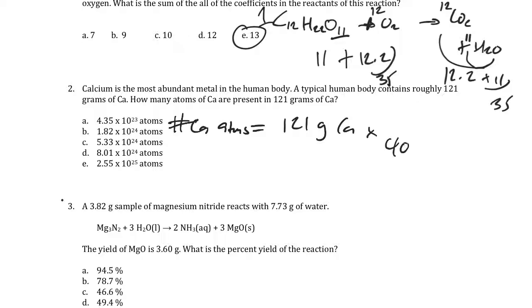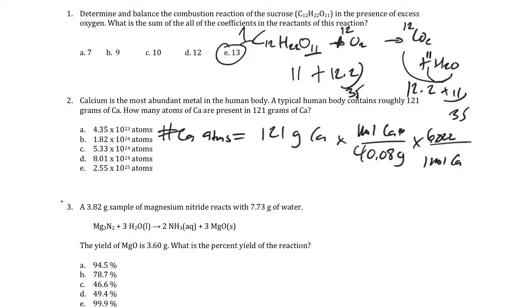Use the molar mass, 40.08 grams of calcium per mole of calcium. 1 mole of calcium would contain an Avogadro's number of calcium atoms, 6.022 times 10 to the 23 calcium atoms. This would be 121 divided by 40.08 times Avogadro's number. Works out to 1.8 times 10 to the 24.